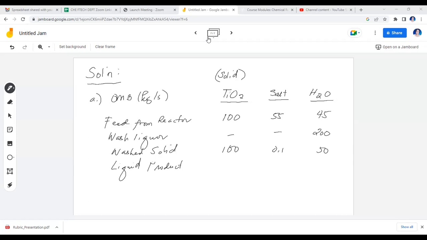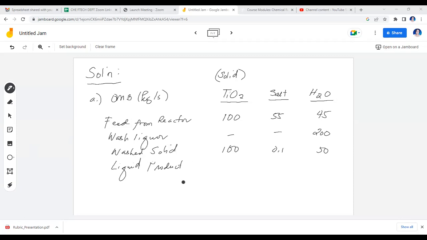That's the reasoning behind it, because you're processing 100 kilograms per second of pigment. So you have water in the wash solid. This wash solid is referring to the slurry from, again I'm emphasizing, the end thickener.